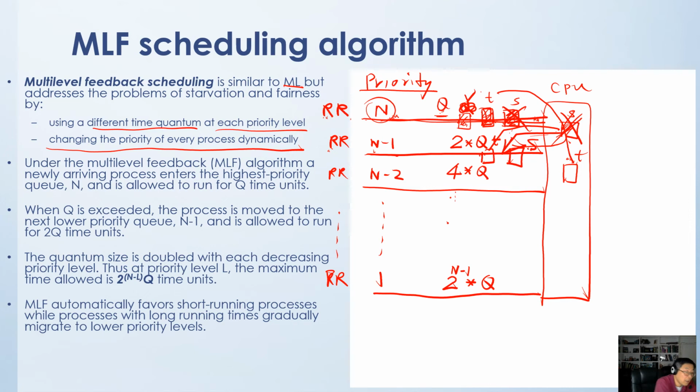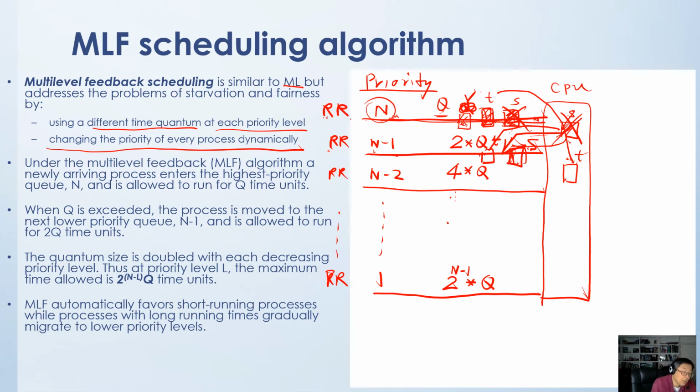And if there is no process at the top level n, then the process at the second level, n minus 1, will be picked based on the round robin scheduling algorithm.